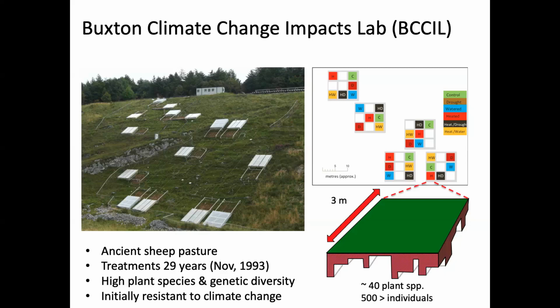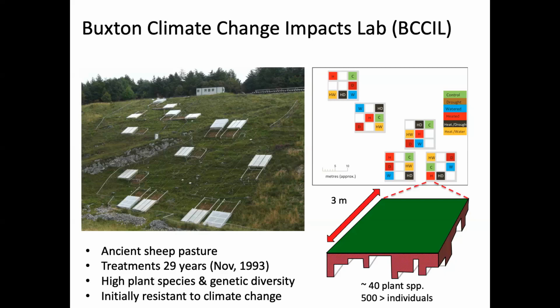The grassland at this site is a species-rich grassland over a rendzinous soil. The soil is calcareous, varying in pH from around 7.5 to 6, and it has very high levels of plant species richness and genetic diversity.